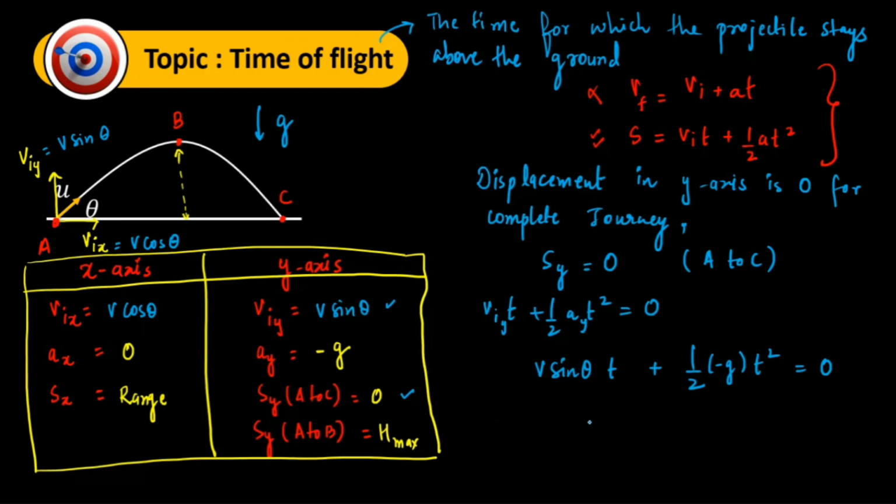If we solve this equation, we'll get half of g t square is going to be V sin theta times t. If we cancel out the t from both sides, we'll have time here, which can be written as g t by 2 is equal to V sin theta. So here time is going to be 2V sin theta by g.